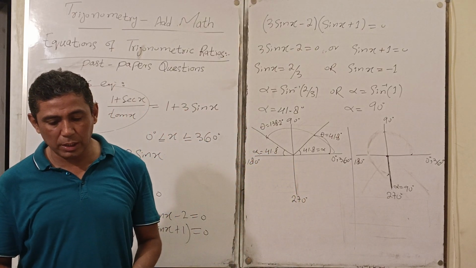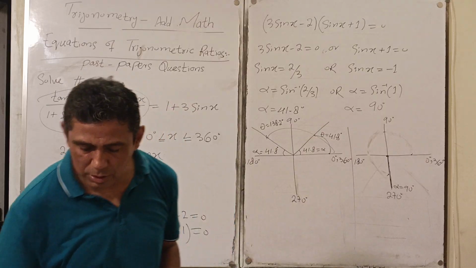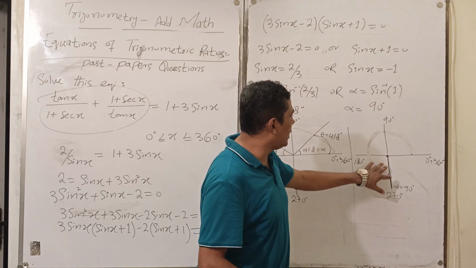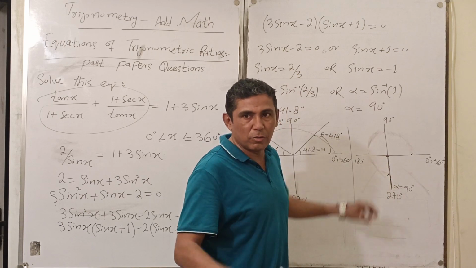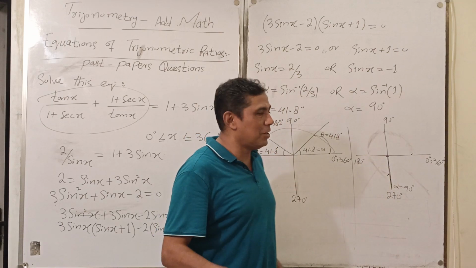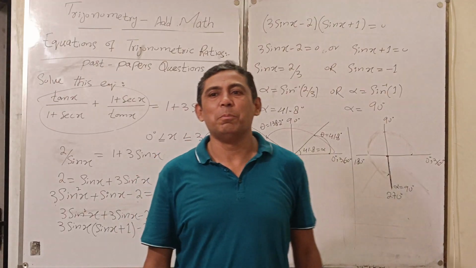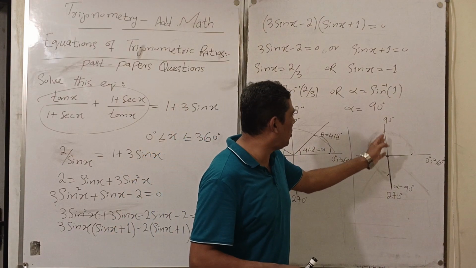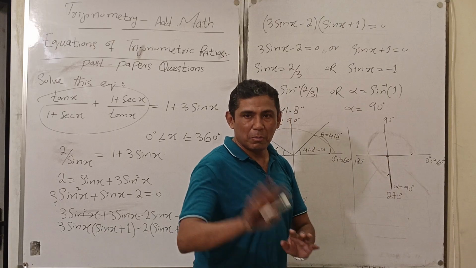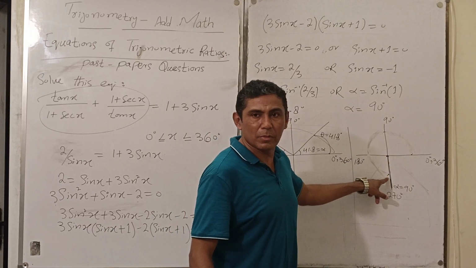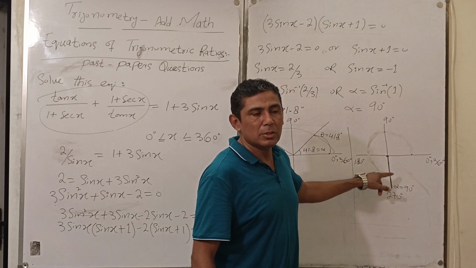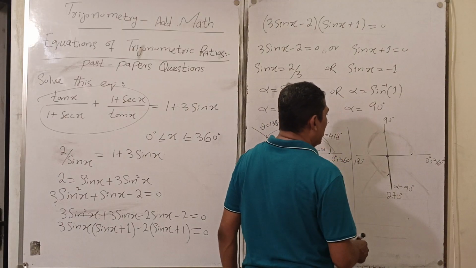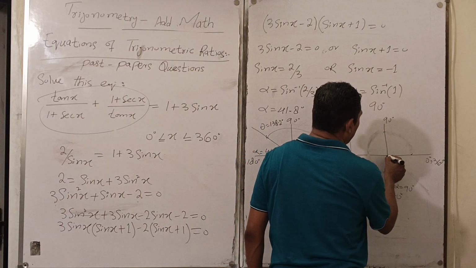So the theta is okay. Now it will lie in these two quadrants. One important thing: because of 90 degrees, I cannot mention it on this one here. Listen, it will be here. So when it is in this quadrant, the value of this one is 90 degrees, am I right?